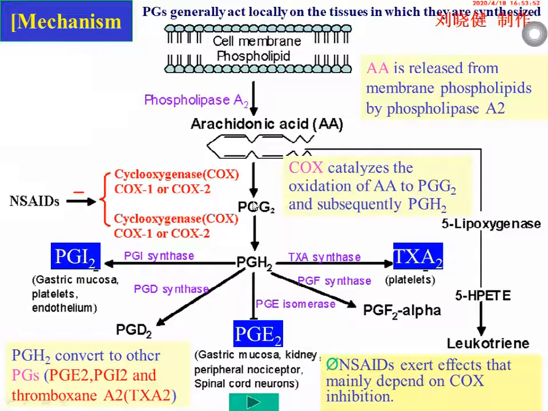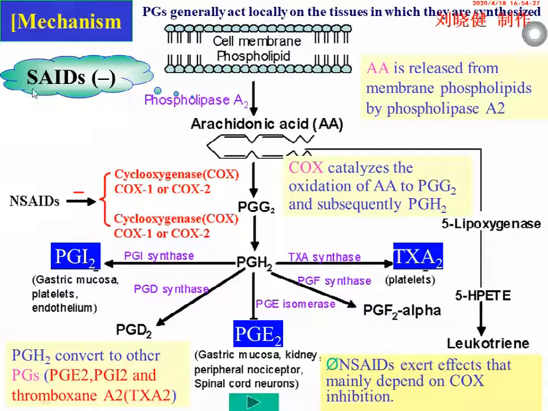These prostaglandins are the metabolized substances from arachidonic acid. But this arachidonic acid is metabolized from cell membrane phospholipid by phospholipase A2. So actually, once phospholipase A2 is inhibited by some drugs, these drugs also have anti-inflammatory effects, like steroidal anti-inflammatory drugs.